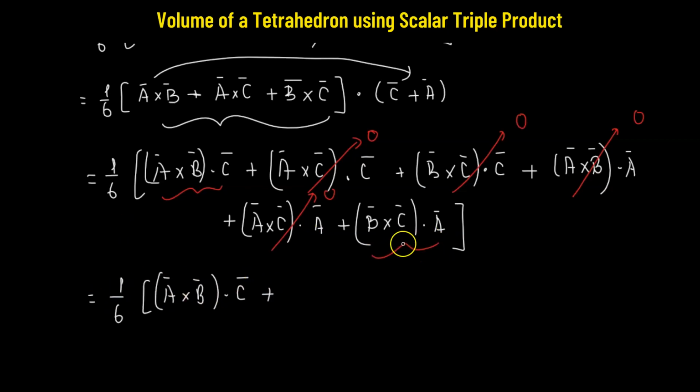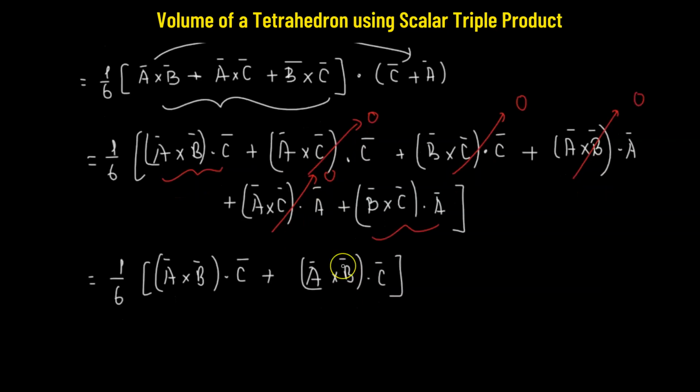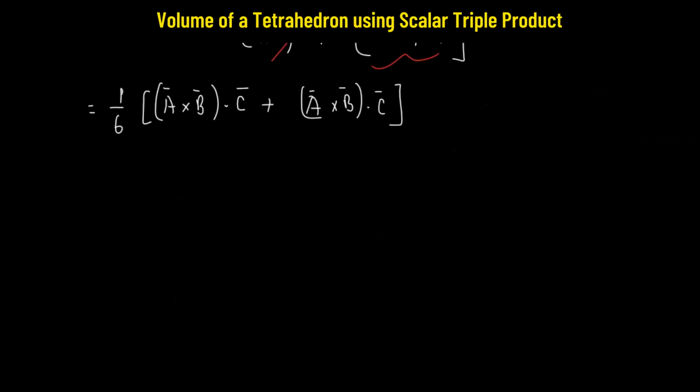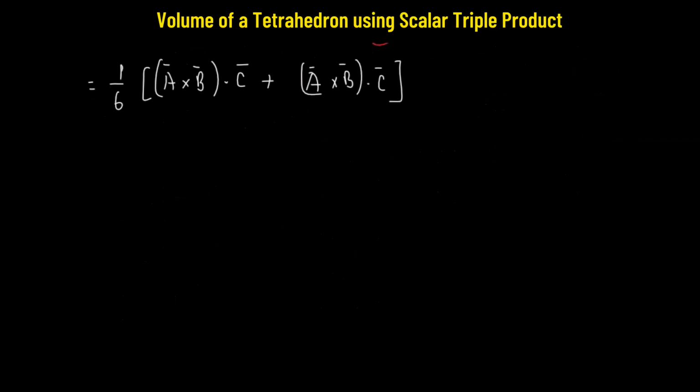Now by definition we know that our scalar triple product is cyclical in nature. So b cross c dotted with a is the same as a cross b dotted with c. That means we have two same terms, and they get added to give us 2.